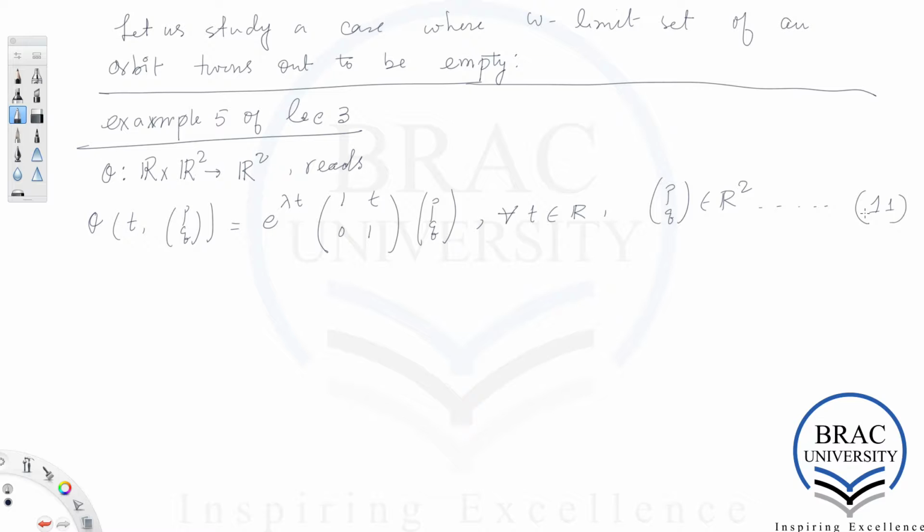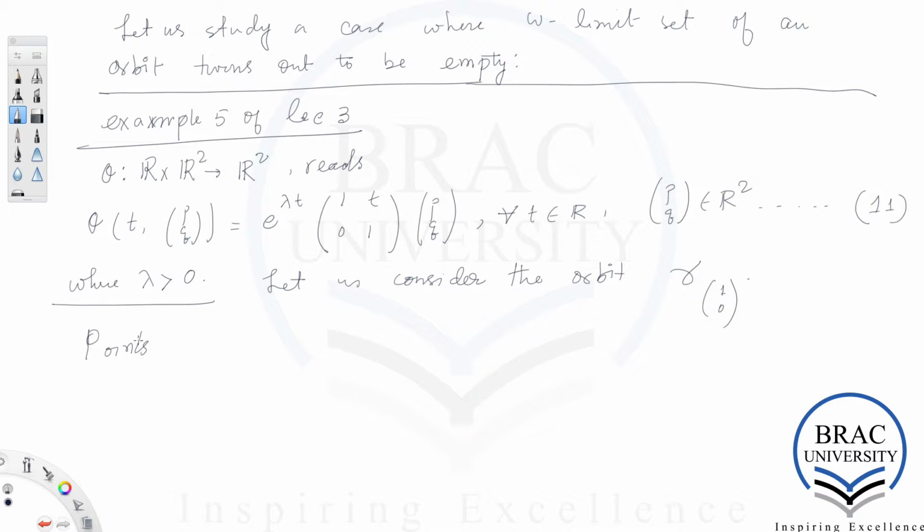Okay, so we're going to study this dynamical system where we want lambda to be strictly positive, and let us focus on the orbit of the point 1 0, the vector 1 0.